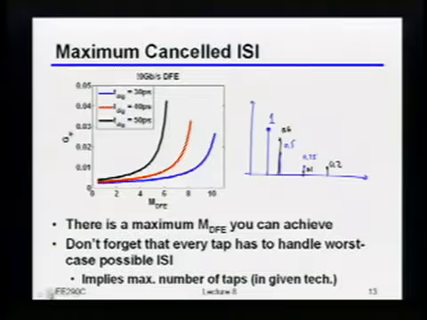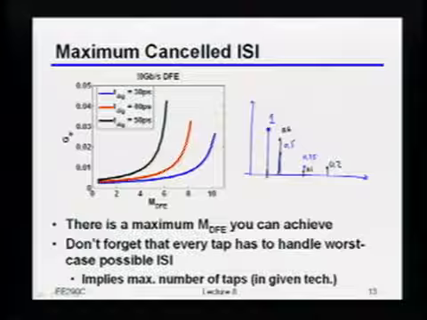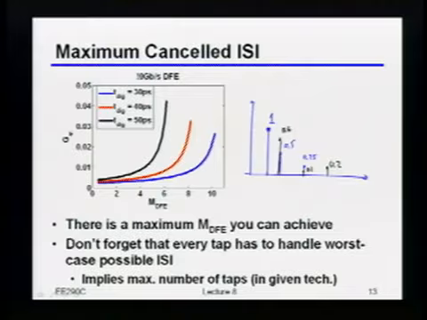Now notice life is much worse than you might have thought, because for each one of these taps you have to handle the worst case on any possible channel. Whatever any one of the channels could be, you'd better make sure you can handle that.